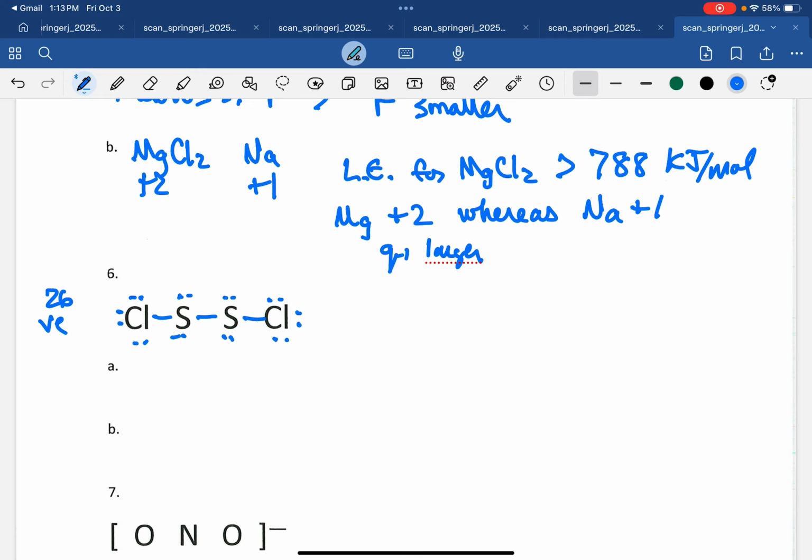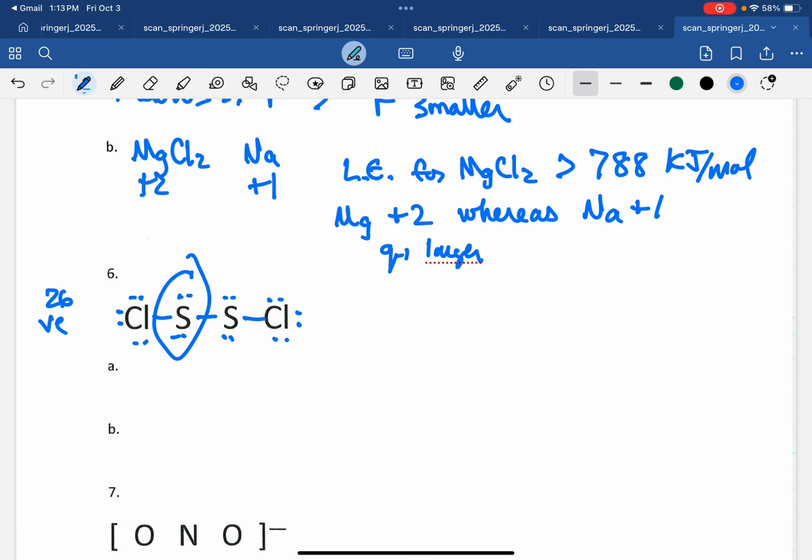Oh, no, that's not letter A. That's just completing the diagram. Okay, so there's the diagram. Letter A says, what is the value of the Cl-S-S bond angle? So that's the bond between the Cl and the two S's. If we're looking at this S as the center of that angle, the S has 4 electron domains, and 2 of them are bonds.